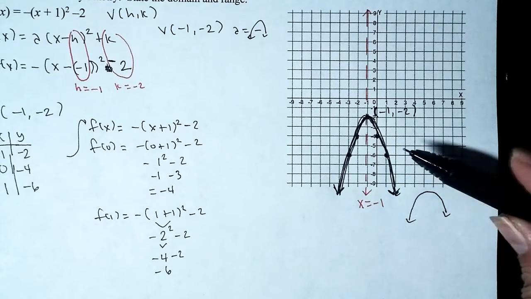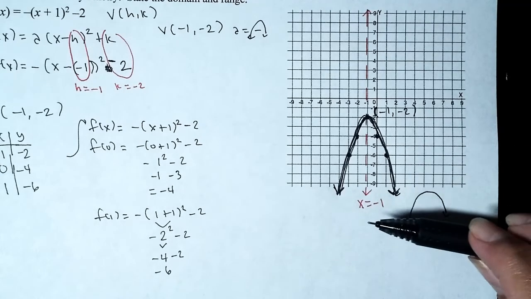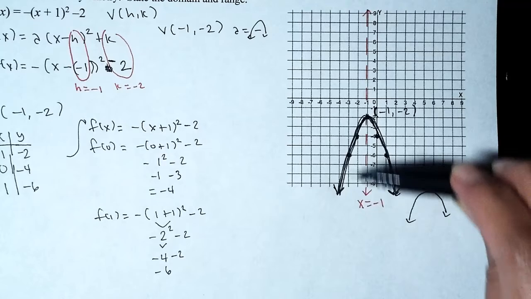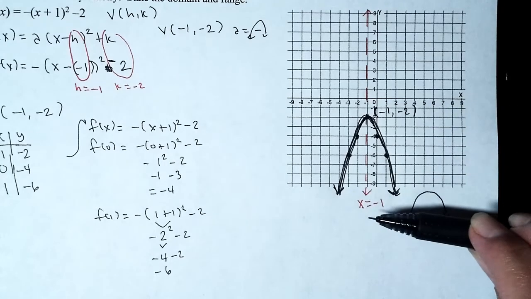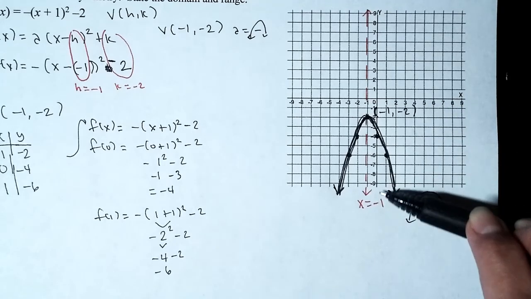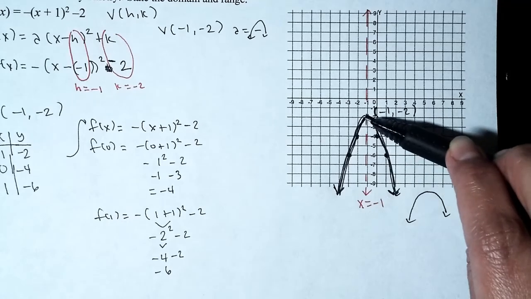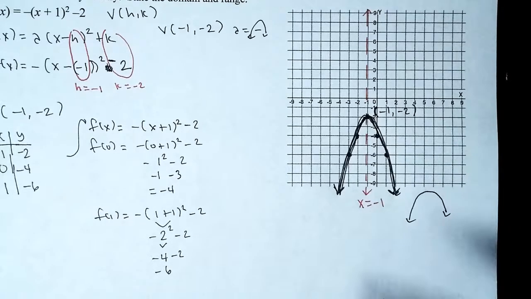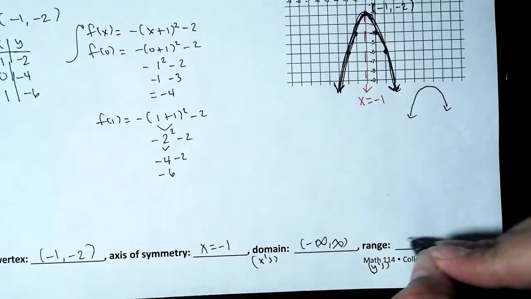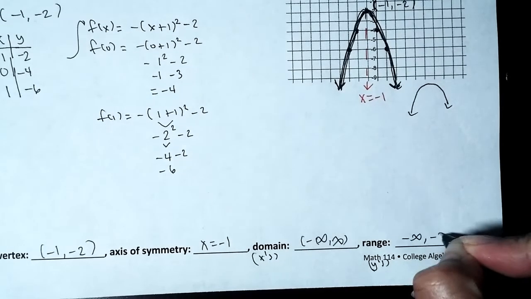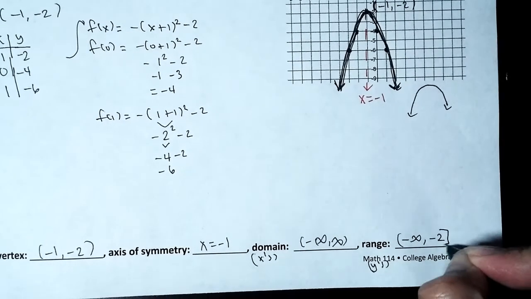What are the y values, those outputs, from lowest y to highest y? We're coming from the negative side, so it's going to be from -infinity, and the highest y will be -2. So the range is given by the interval from -infinity to -2, where -2 is included.